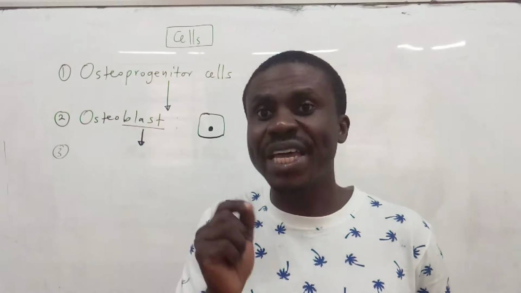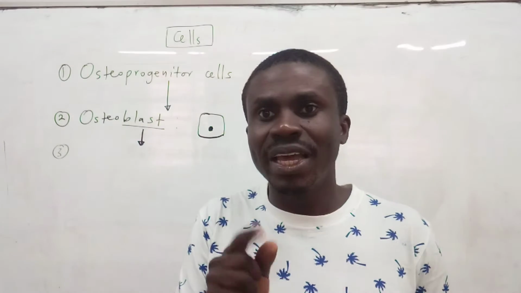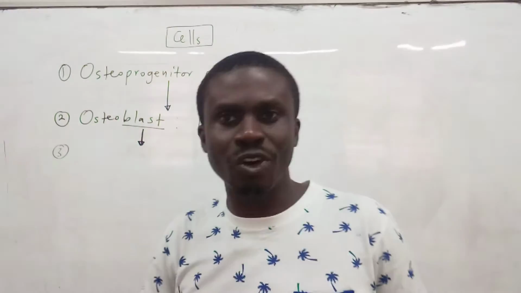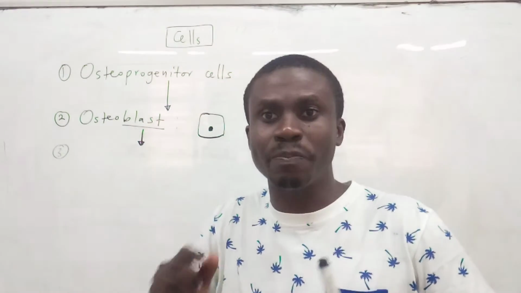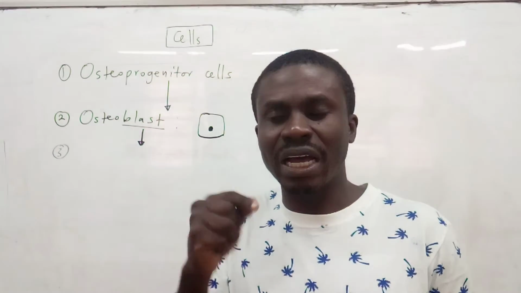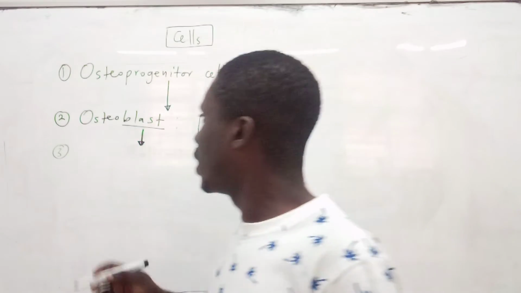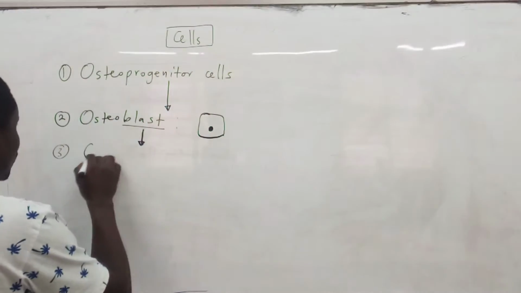Yes, it will become entrapped, my friends, and the name will change from osteoblast, because it's no longer going to secrete this extracellular matrix maximally. Now keep an eye on this word, maximally. So it becomes something we call osteocyte.